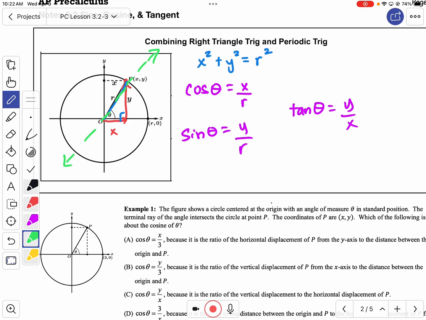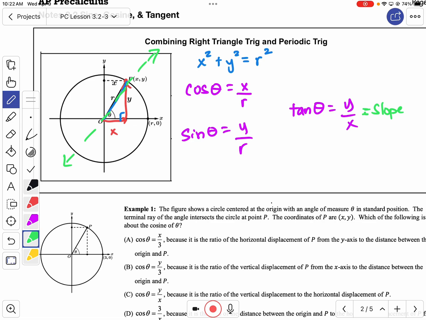It's slope. It's rise, y, over run. So this tangent is the same thing as the slope of that line going through that ordered pair. So it's just some really neat connections, how all of that is the same stuff. Things that you've worked with for forever. They're all the same right there.